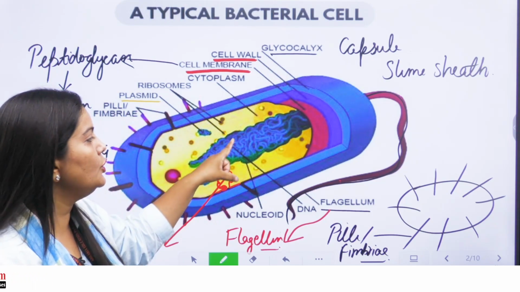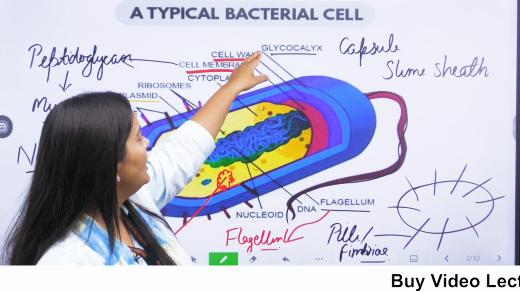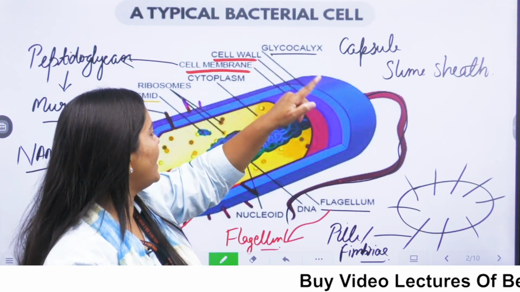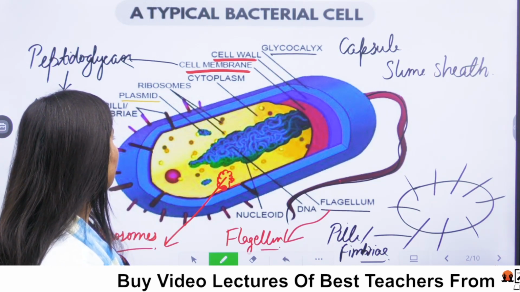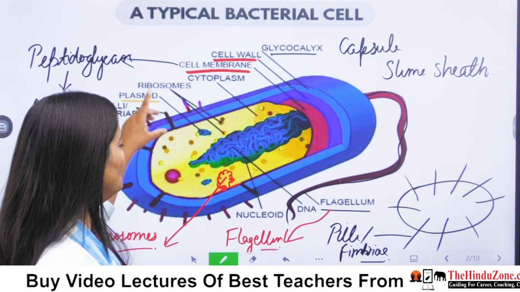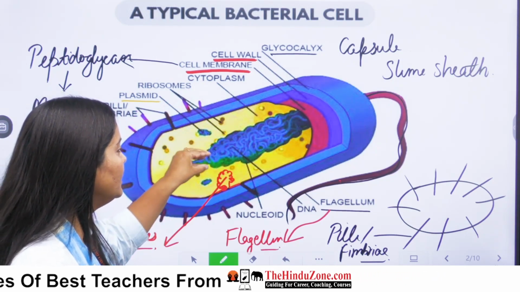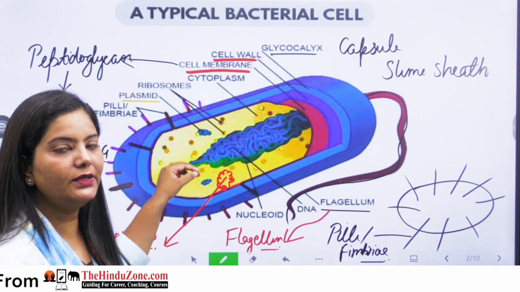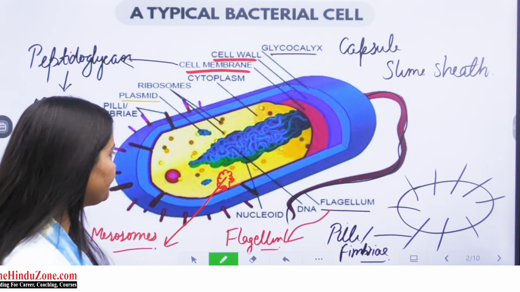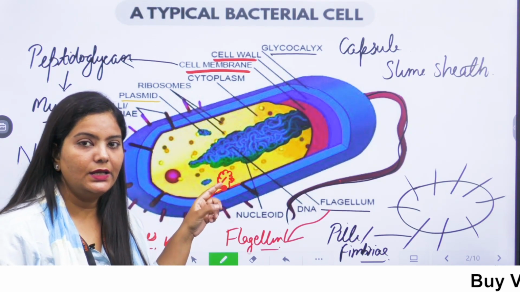Now I hope you are aware about the cell membrane, the cell wall, the glycocalyx, the flagella, the pili, the fimbriae, the plasmid and the ribosomes, and moreover you also know that the nuclear material here is a single circular double-stranded DNA, present in the region which is termed nucleoid.